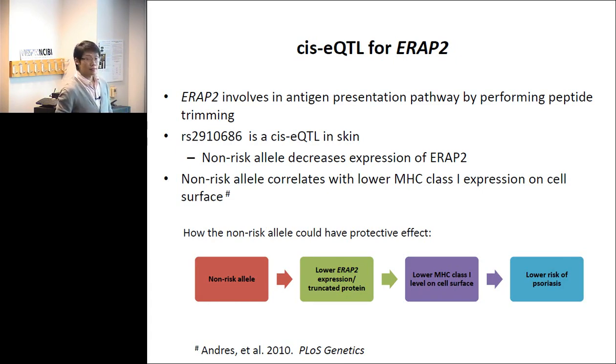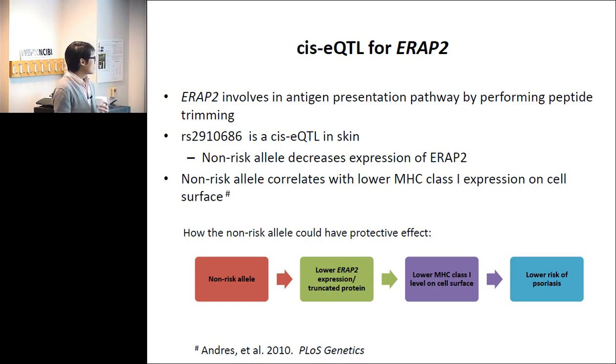The reason is that the non-risk allele, which means the psoriasis-decreasing allele, would cause nonsense-mediated decay of the ERAP 2 transcript, causing low expression of ERAP 2.